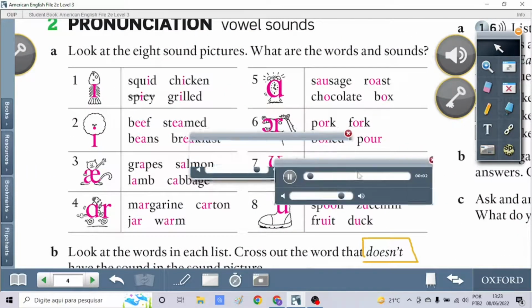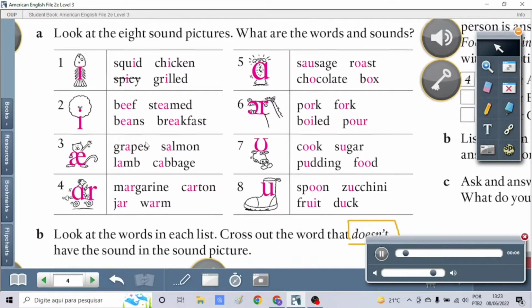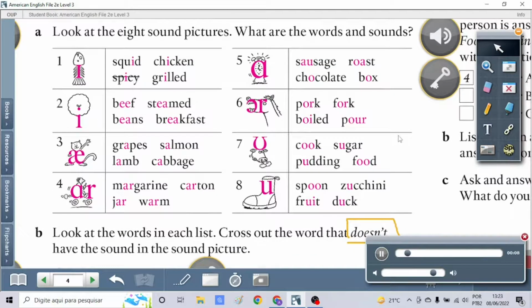1.5. Fish. I. Squid. Chicken. Spicy. Grilled. Tree. E. Beef. Steamed. Beans. Breakfast.